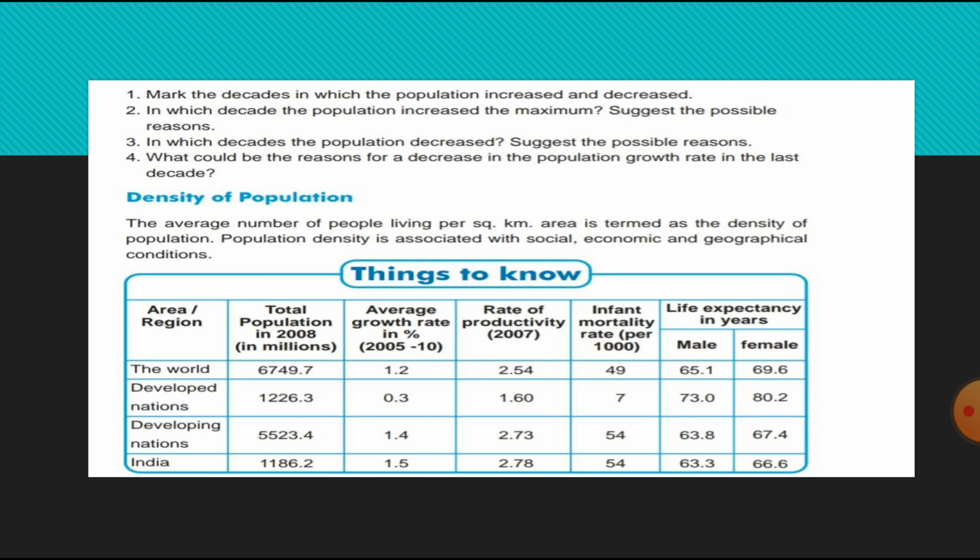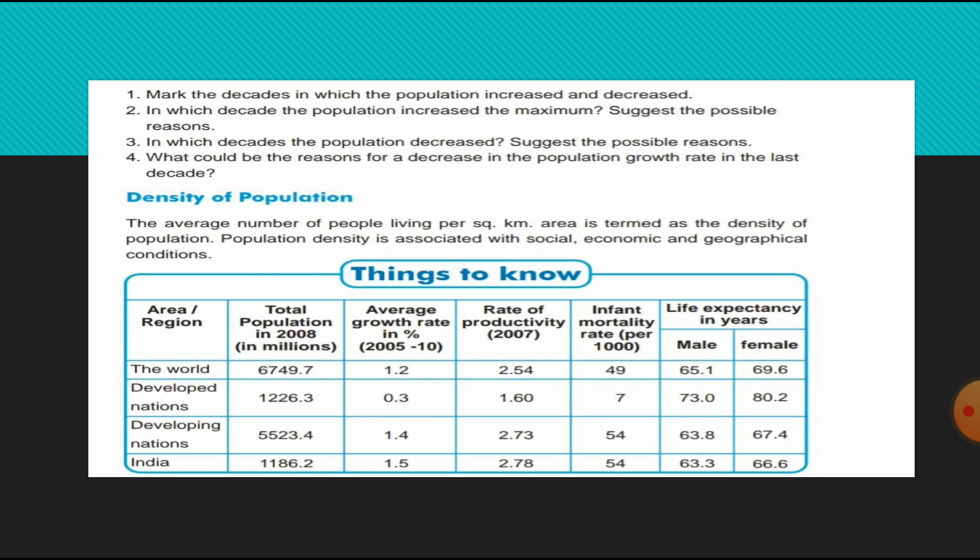Now we will discuss density of population. See, what is density of population? The average number of people living per square kilometer of area is termed the density of population, and population density is associated with social, economic and geographical conditions. The proportion of people residing per square kilometer of a specific area is known as the population density of that area.